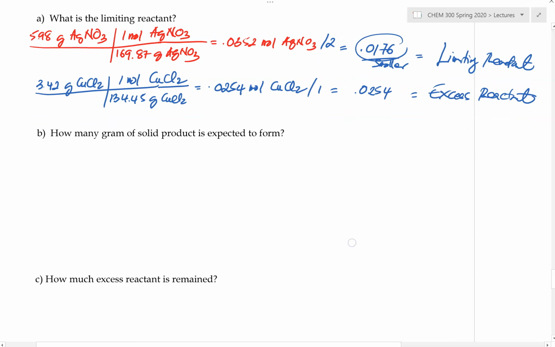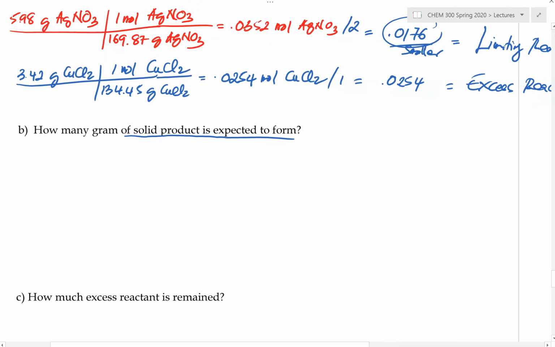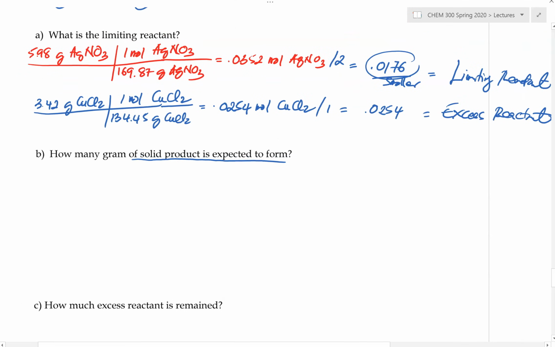And now part B asks, how many grams of the product would be expected to form? So here in this case, we know that the amount of product being produced comes from calculation based on the amount of the limiting reactant, right? So therefore we know what our limiting reactant is already. So we're going to go back to the amount of silver nitrate and start from there to calculate how much product would be made.